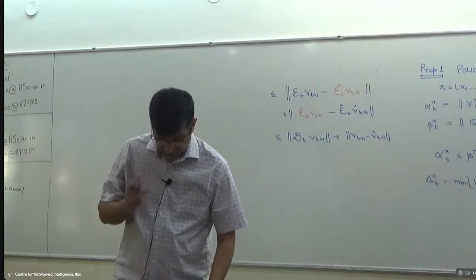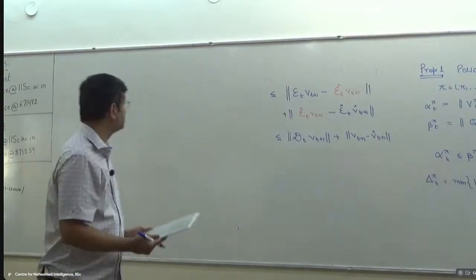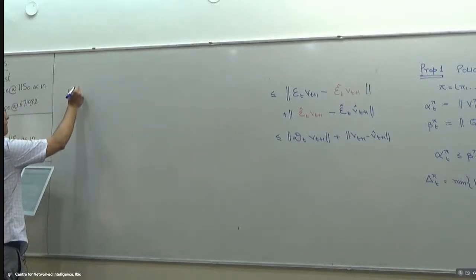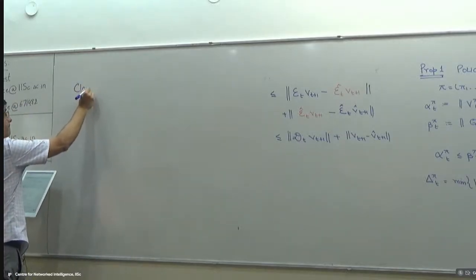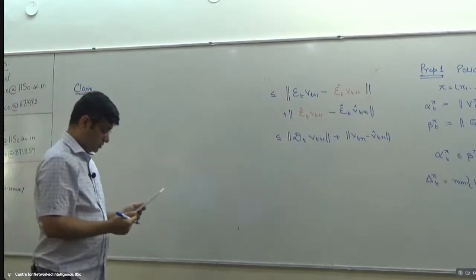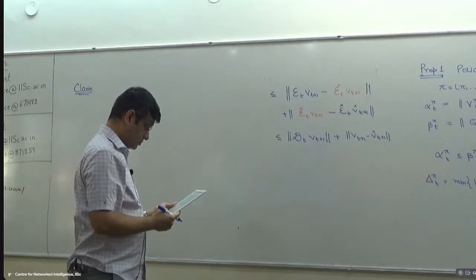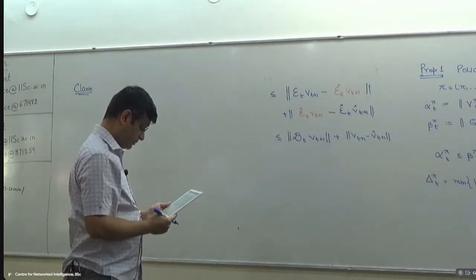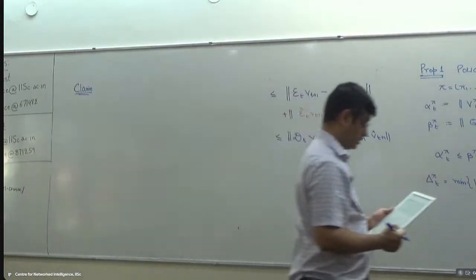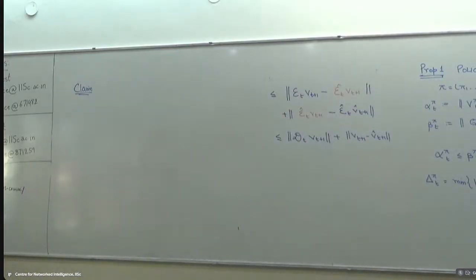So what we are going to do is, I am going to state a claim, let me call this quantity alpha t.